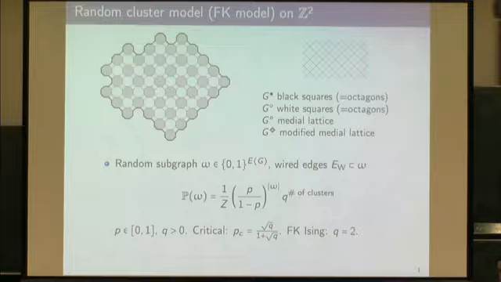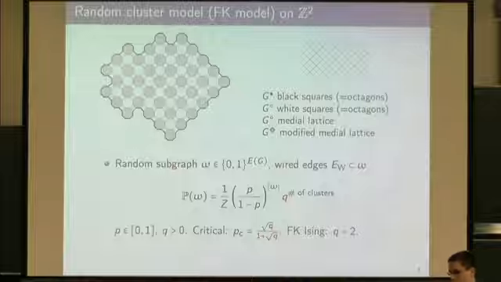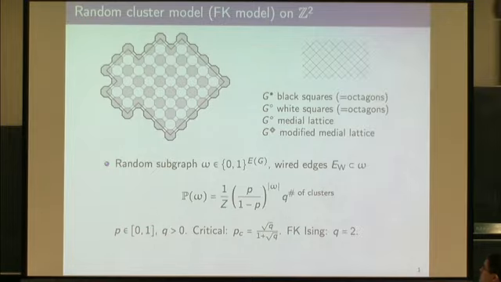Now we look at these random cluster configurations on the edges connecting the black squares or octagons. The configuration is omega, where each edge is either open or closed, and we give a weight per each open edge, and then we count the number of clusters and weight by Q to the number of clusters. As in Hugo's talk, there are some boundary conditions.